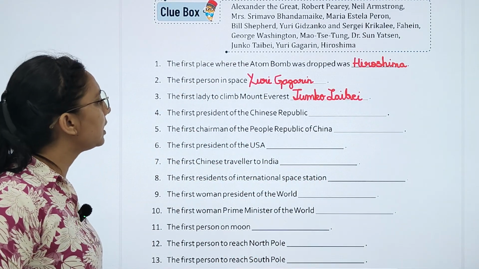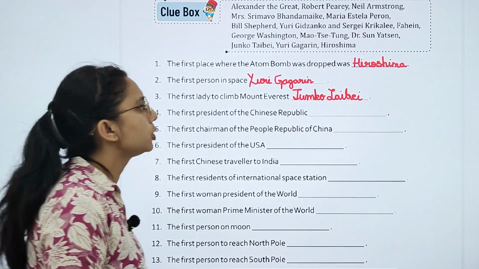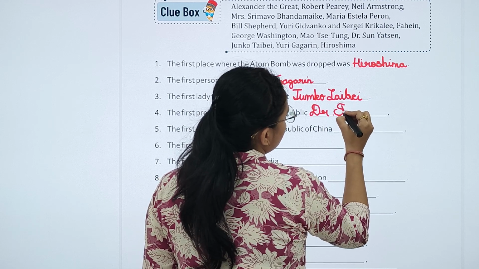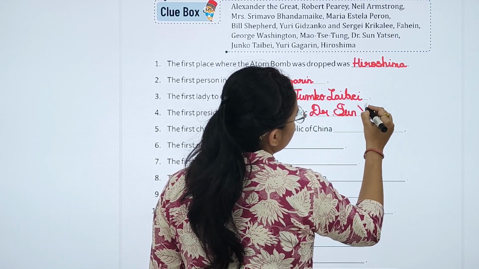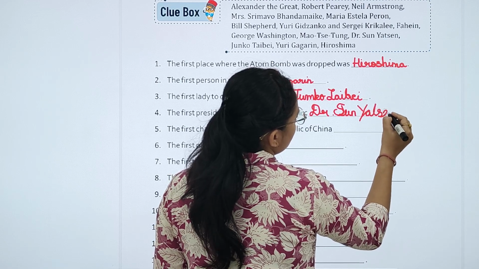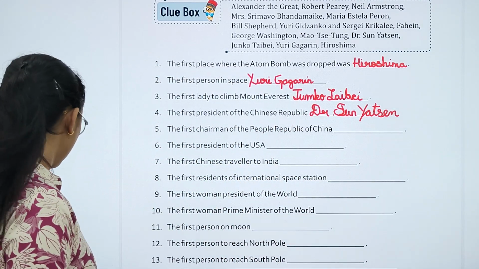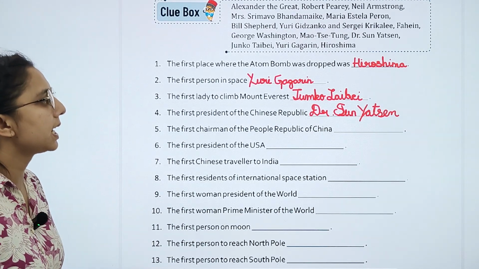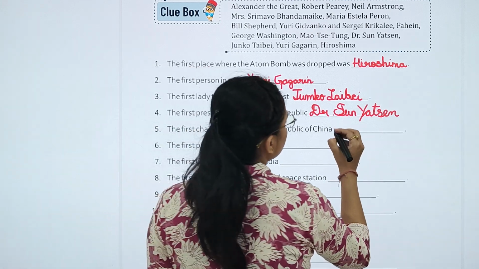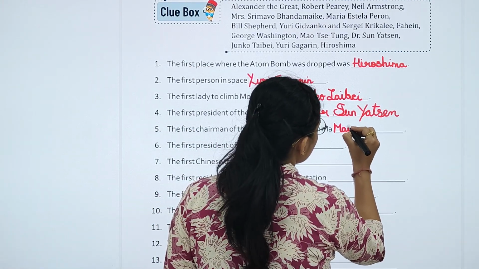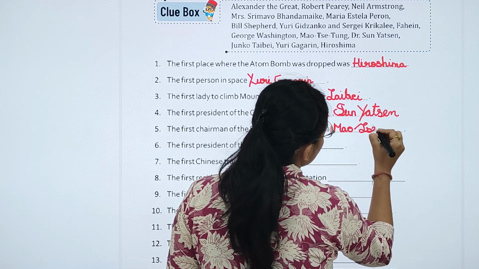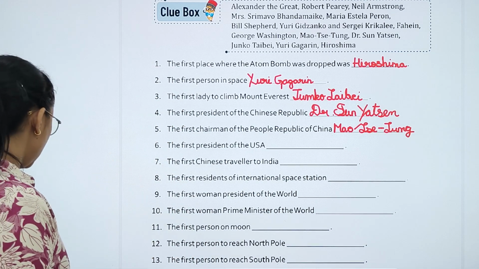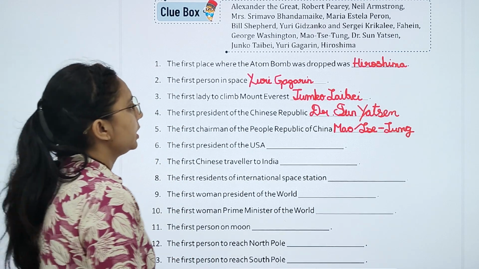Next is the first president of the Chinese Republic, that is Dr. Sun Yat-sen. The first chairman of the People's Republic of China, that is Mao Tse-tung. The first president of USA, that is George Washington.